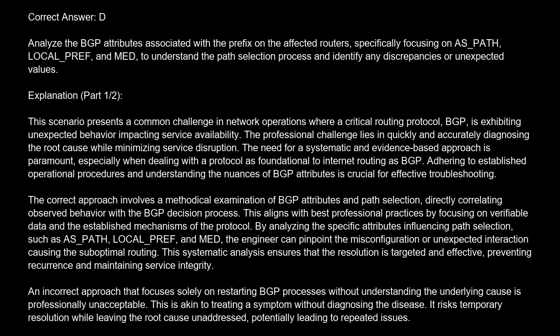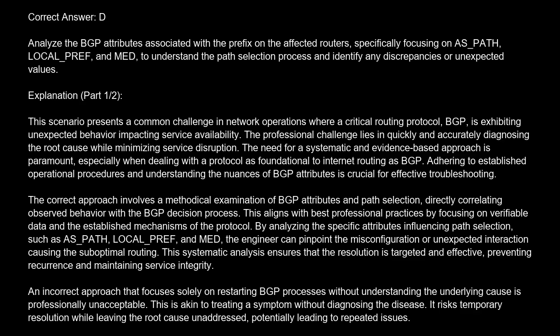Adhering to established operational procedures and understanding the nuances of BGP attributes is crucial for effective troubleshooting. The correct approach involves a methodical examination of BGP attributes and path selection, directly correlating observed behavior with the BGP decision process. This aligns with best professional practices by focusing on verifiable data and the established mechanisms of the protocol.